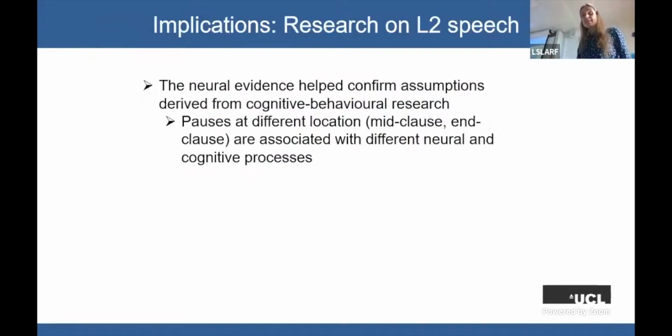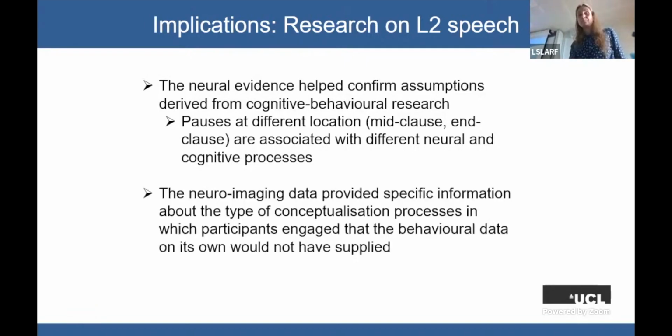So what are the implications of this research, and what did we find? First of all, it was interesting for us to see that our assumptions that were derived from psycholinguistic research were nicely triangulated with the neuroscience data. Indeed, mid-clause and end-clause pauses were associated with the cognitive processes that we assumed they would be.